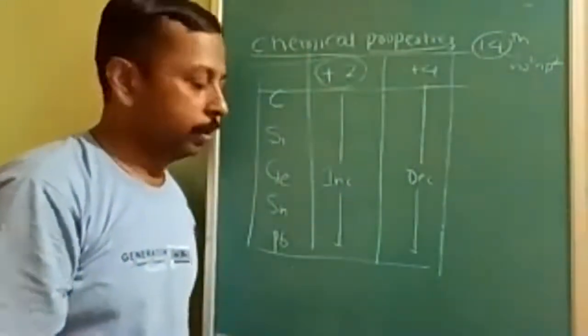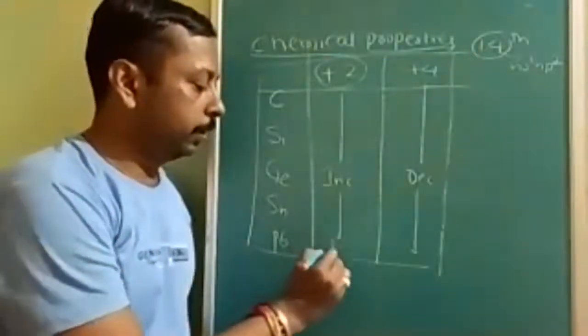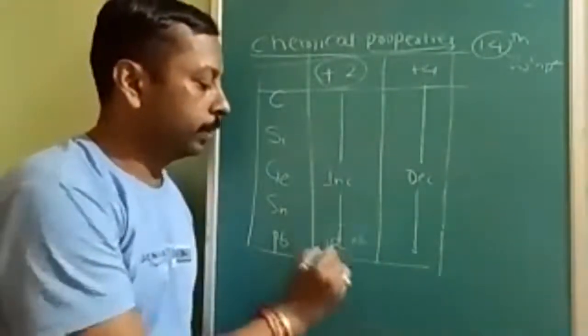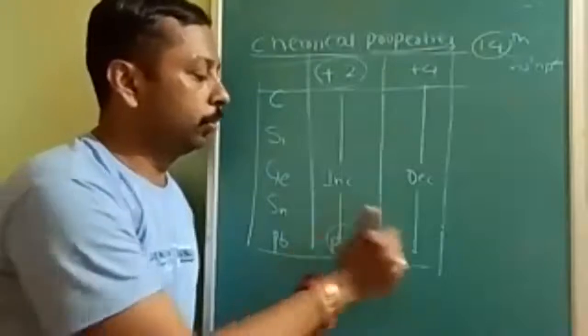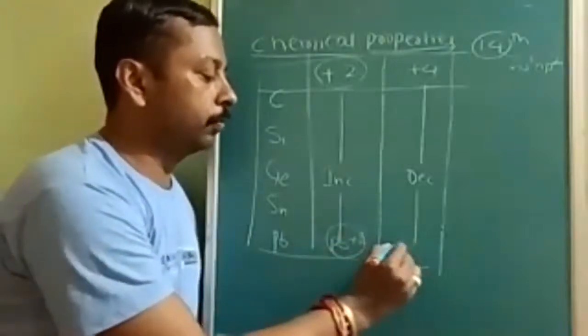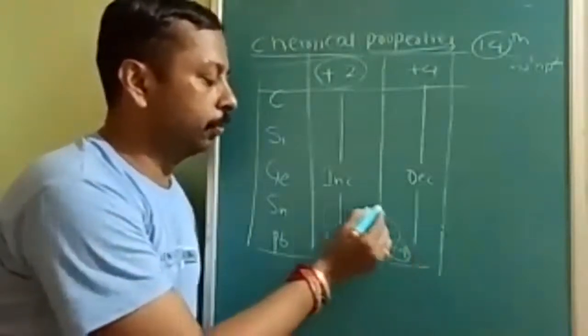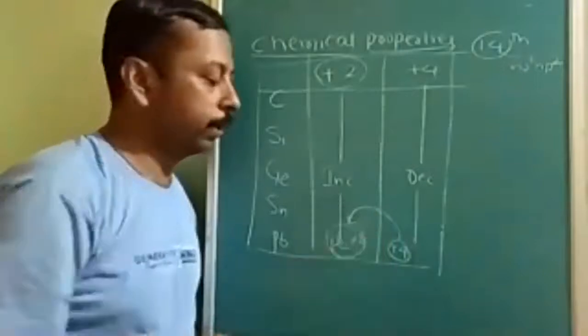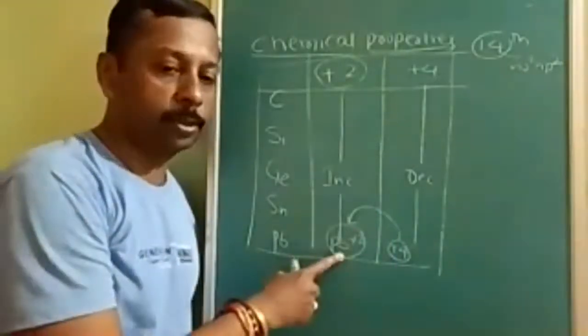Is it understood? If lead is in the plus 2 state, it is already stable, so it doesn't want to jump to plus 4. But if it is plus 4, then it wants to go back to plus 2 because plus 2 is more stable.